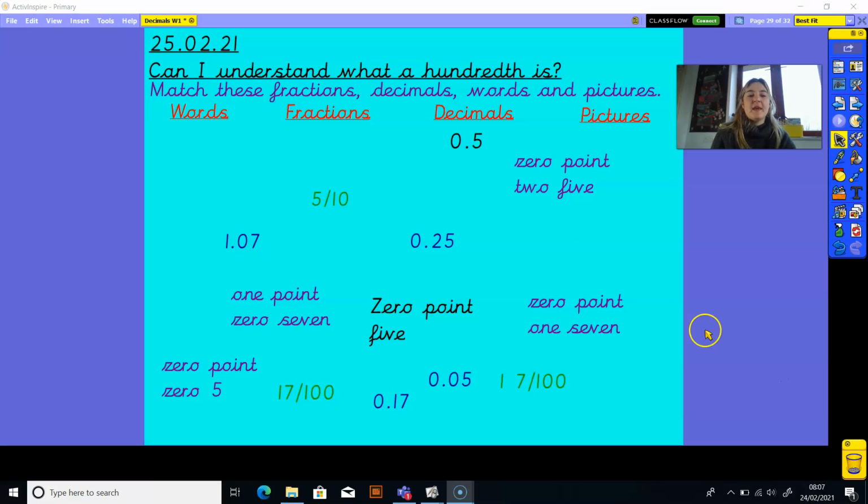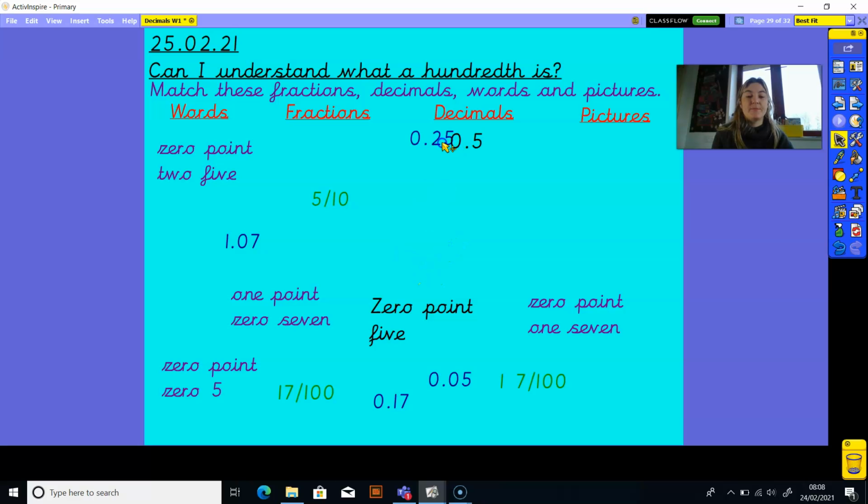So we here have got fractions, decimals, words and pictures that are relating to tenths and hundredths. And what I would like you to do is put the words, fractions, decimals and draw the pictures of the relevant words, fractions or decimals. So for example, 0.25, that would be this one here as a decimal.